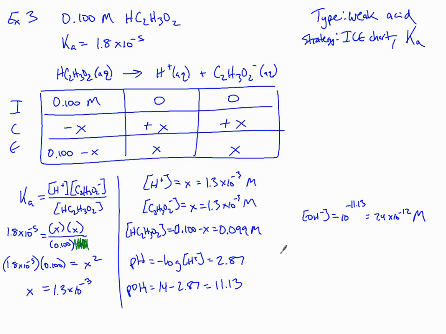This is where your percent dissociation comes in again, and you want to pay closer attention this time. The calculation is X, this number that we found, over the initial. And so X, we have 1.3 times 10 to the minus third, and the initial was 0.1.